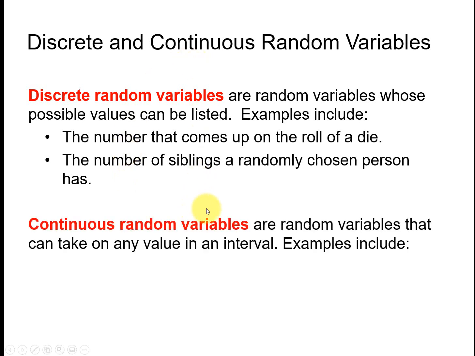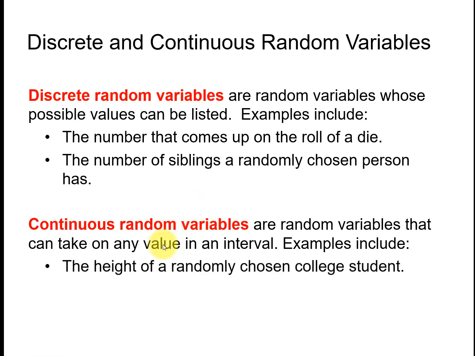While continuous random variables are random variables that can take on any value in an interval. Examples of this are the height of a randomly chosen college student. They could be 5'11" and 3/8, 5'11" and 6/8, or 6'1" and 7/8. So there's definitely a continuous spectrum that they can take on.